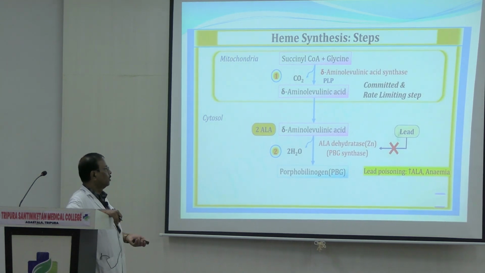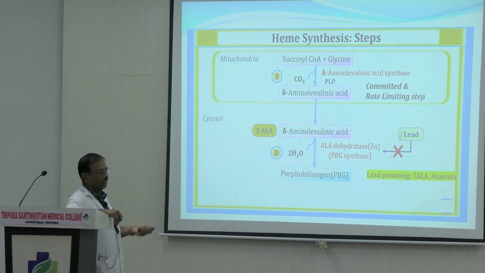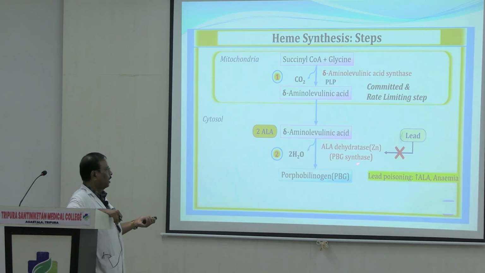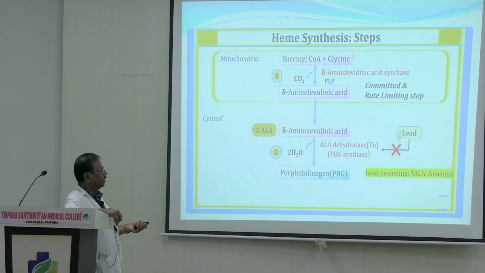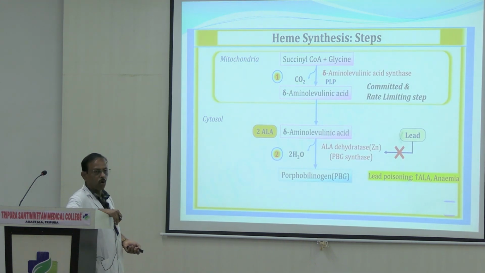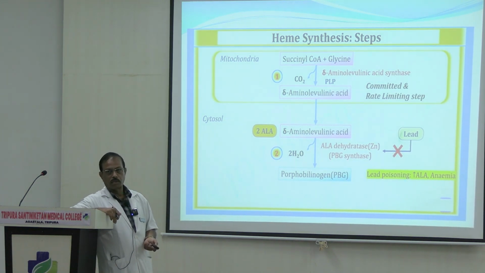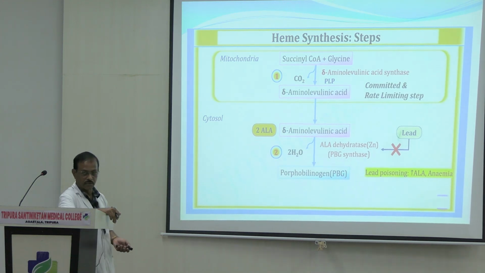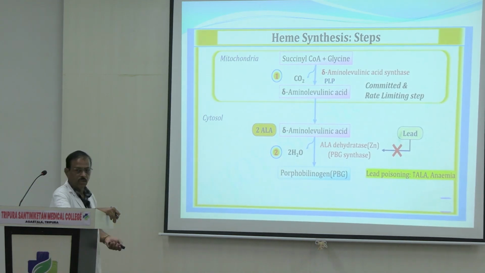It is also called porphobilinogen synthase. This enzyme can be inhibited by lead, and lead can also inhibit the last step of the heme synthetic pathway, that is ferrochelatase. So it can inhibit on both sides, producing anemia.